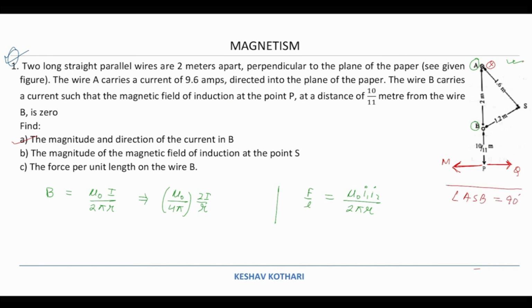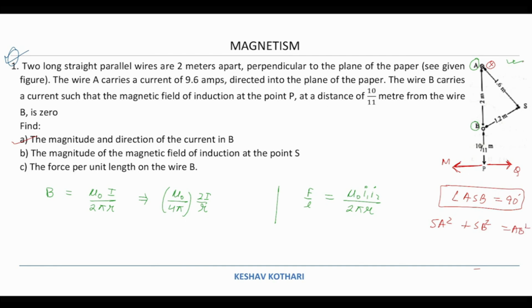So it is a Pythagoras triplet, and for this particular part we can write SA square plus SB square is equal to AB square. So it is clear from this triangle that it is a right angle triangle.